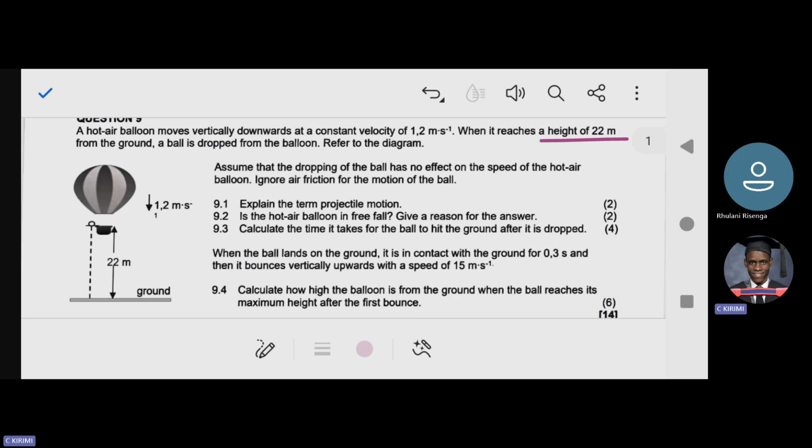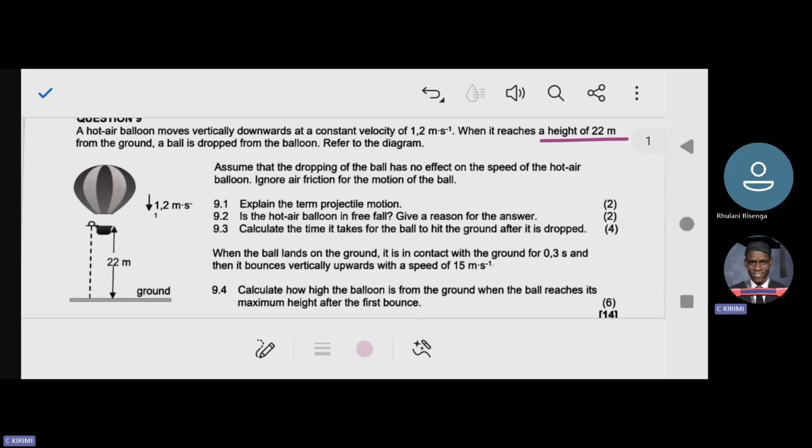So the question is, calculate how high the balloon is from the ground when the ball reaches its maximum height after the bounce.